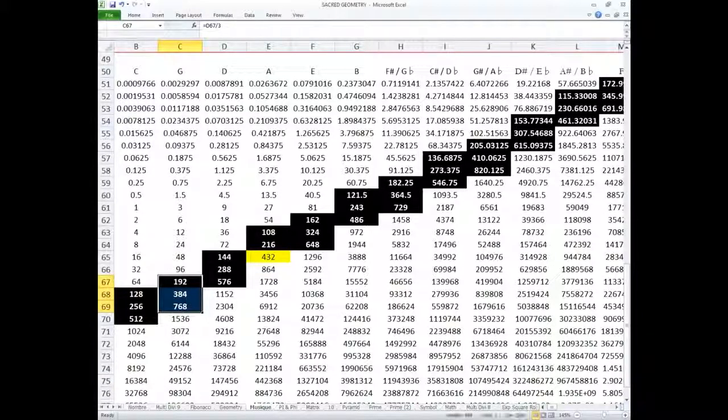Then if you multiply the G by 3, you obtain the D. So 3 gives 9, 6 gives 18, 12 gives 36, 24 gives 72, 48 gives 144. Remember the 144, it was the 12th number of the Fibonacci sequence, which is 12 squared. Then 288, 576, 1152, and so on.